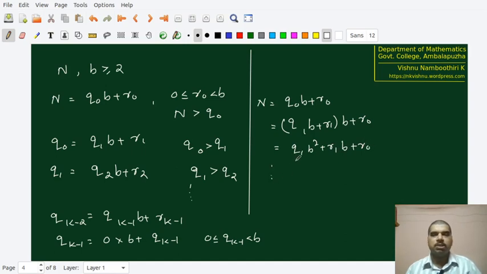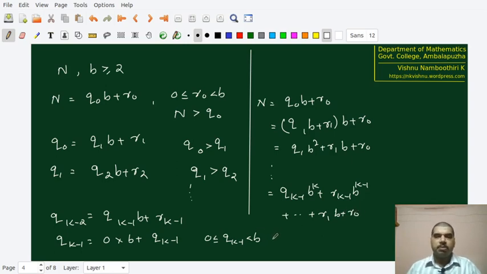If we keep on substituting, now we substitute for q1, after that we substitute for q2, etc. Finally, after performing all kinds of substitution, we get qk minus 1 b^k plus rk minus 1 b^(k minus 1) plus etc. plus r1 b plus r naught.